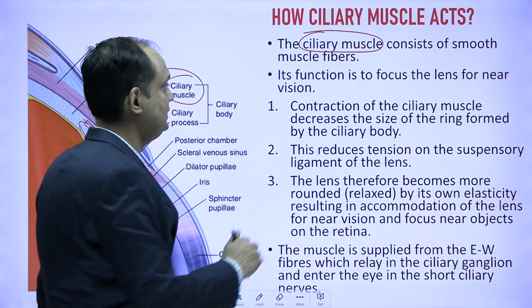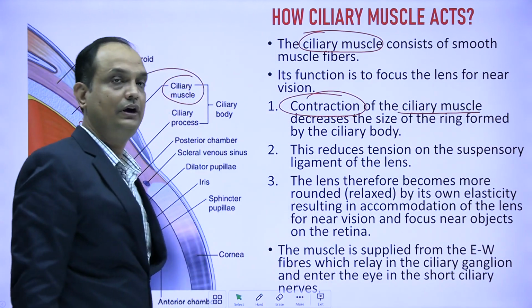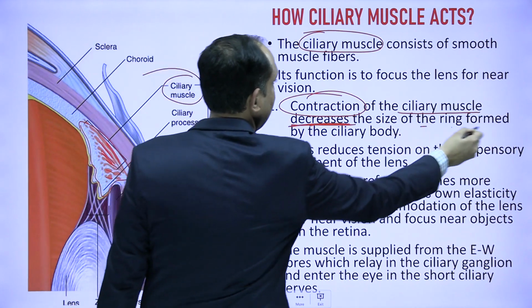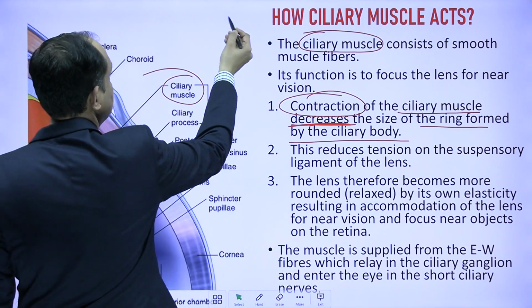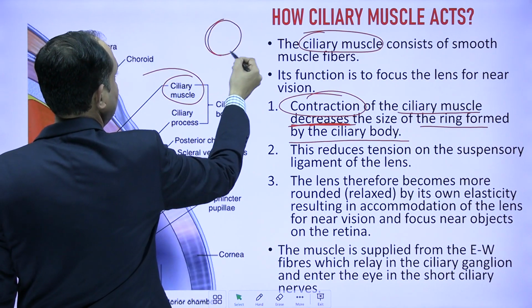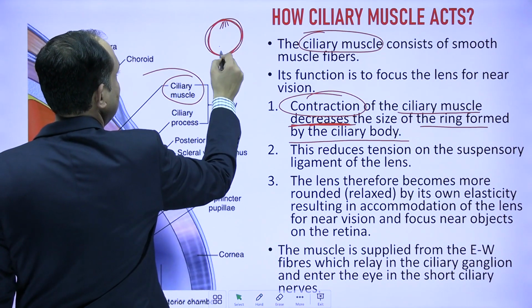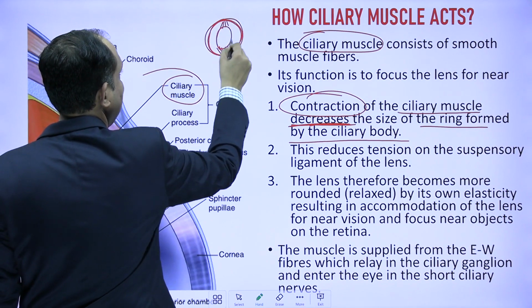Now, what will happen? First, there is a contraction of the ciliary muscle. This contraction of the ciliary muscle decreases the size of the ring formed by the ciliary body. What does it mean? Suppose this is the ring formed by the ciliary body, and this ring has the ligaments or zonular fibers which are connected with the lens.